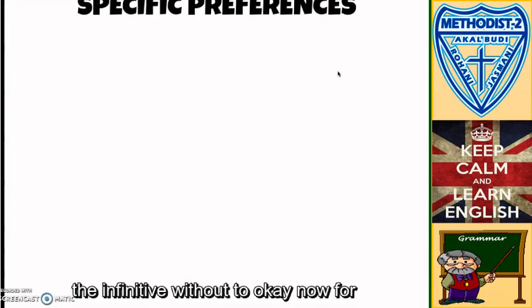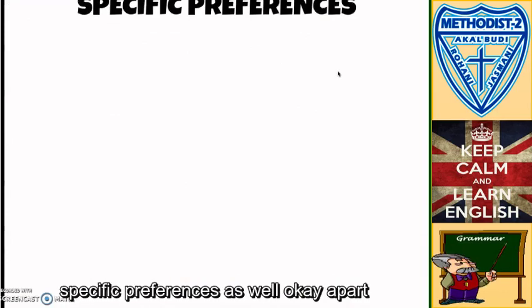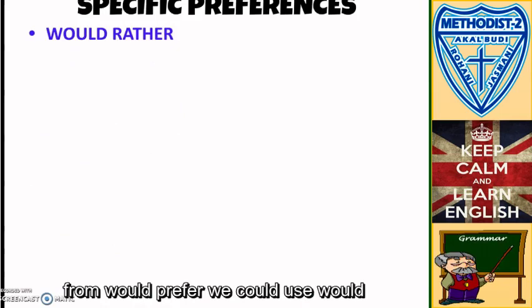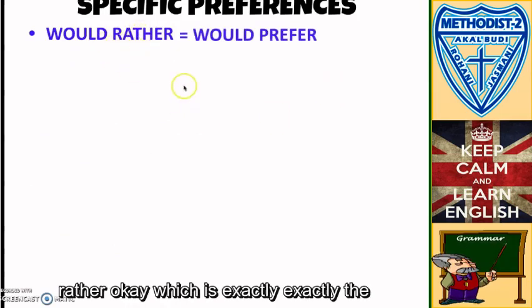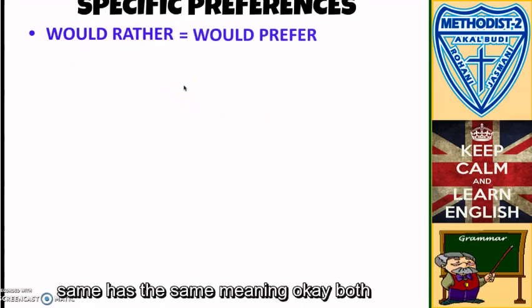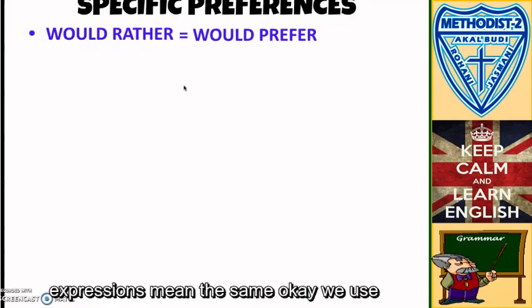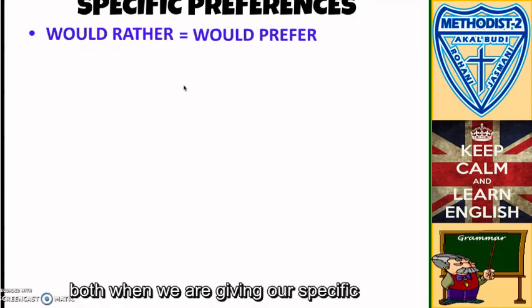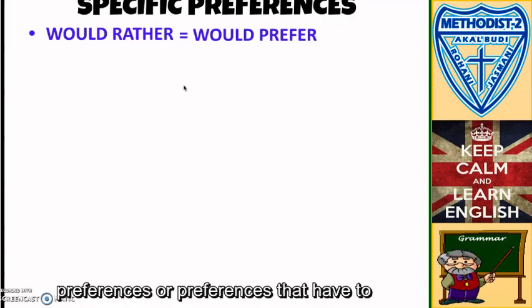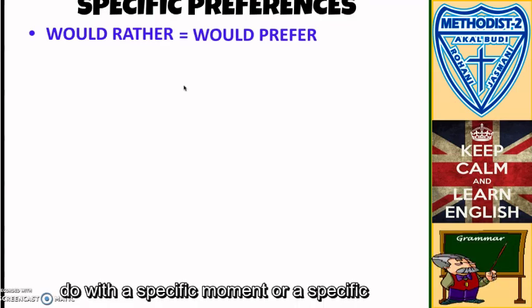Now, for specific preferences, apart from would prefer, we could use would rather, which has exactly the same meaning. Both expressions mean the same. We use both when we are giving our specific preferences, or preferences that have to do with a specific moment or a specific time.